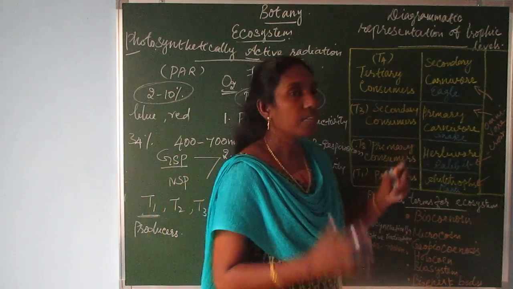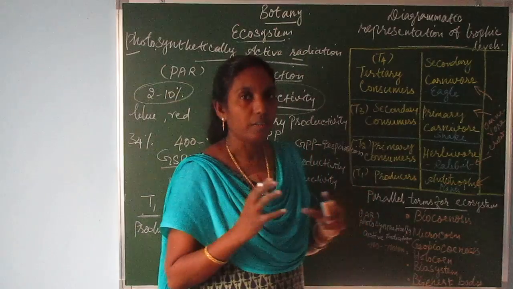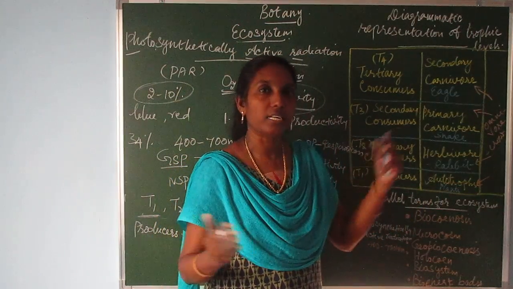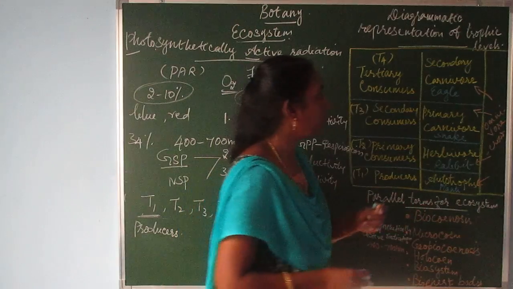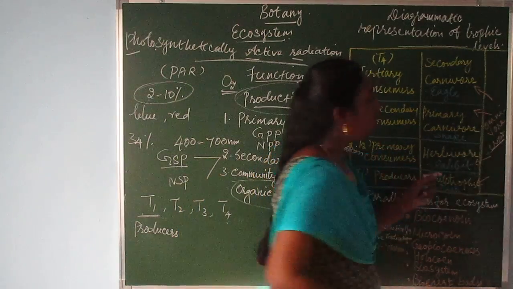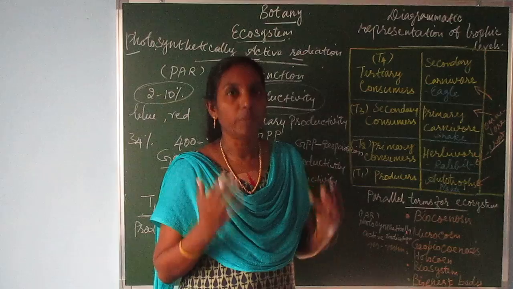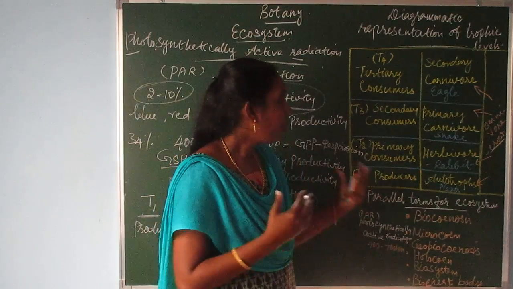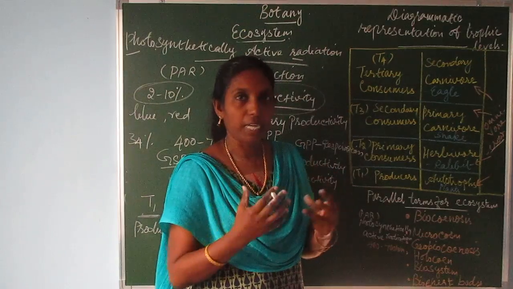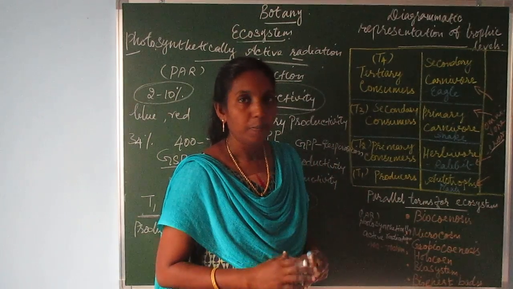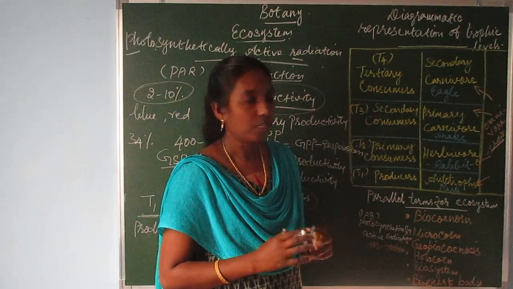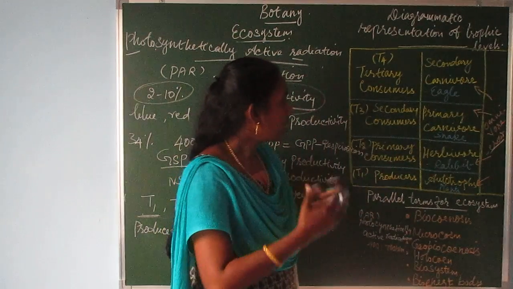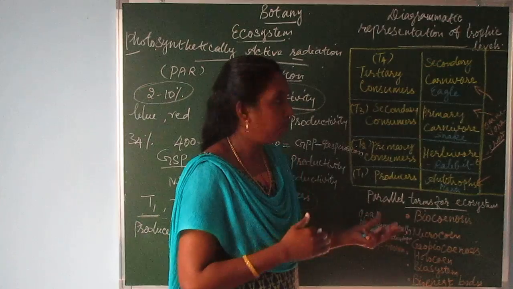Likewise, certain organisms consume both plants as well as animals. Here there is an example, the crow. This crow is considered an omnivore. What is meant by omnivore? Herbivores are the plant eaters. They eat only plants.